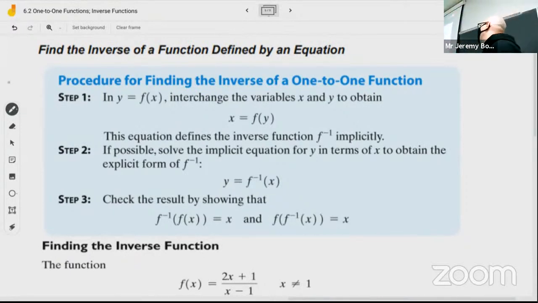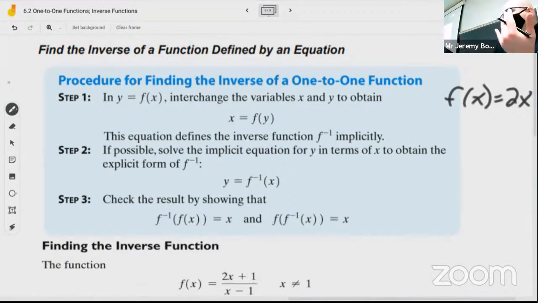So the first thing we're gonna do is, if you have a function, you don't have a y in there, right? You just have f of x is equal to, let's say, 2x. There's no y. But where is the y in that? Anybody know? Remember that y is equal to f of x.